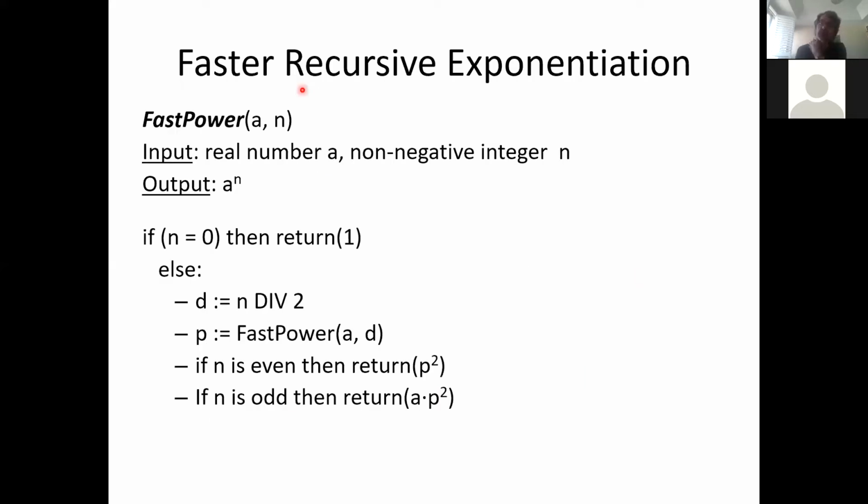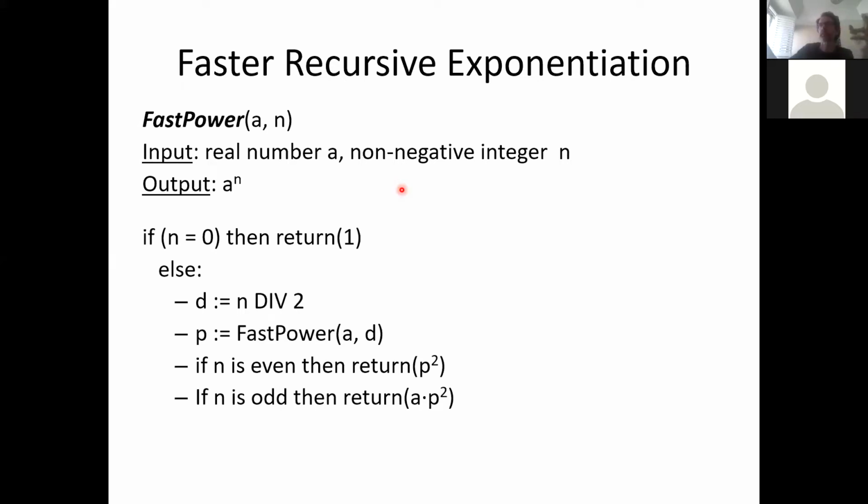So let's do a faster algorithm for exponentiation, which will perform dramatically fewer multiplications. So think of exponentiation where n is really huge. We'll use exactly that in cryptography algorithm examples a week from now.